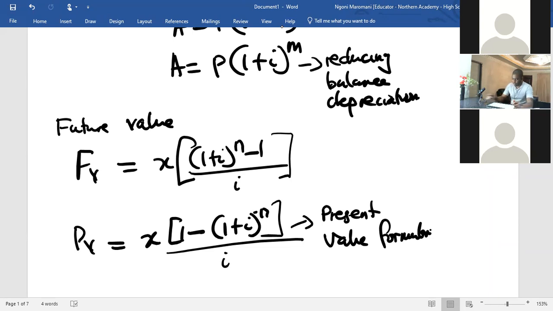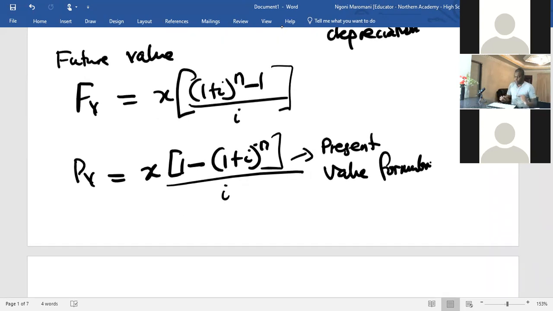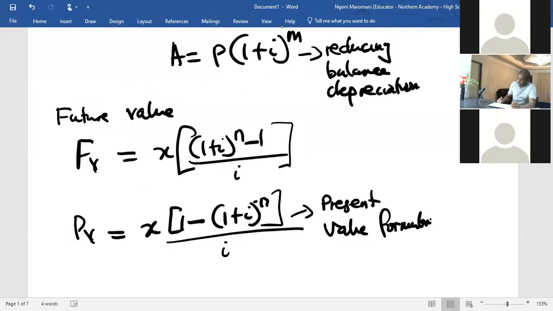Right. So look here, the future value formula, we use it when you are putting money aside at regular intervals. For example, when you are putting money aside monthly so that you can use that money probably at the end of 5 years. When you are saving money monthly for a period of time and want to use that money later, that's when we use the future value formula.